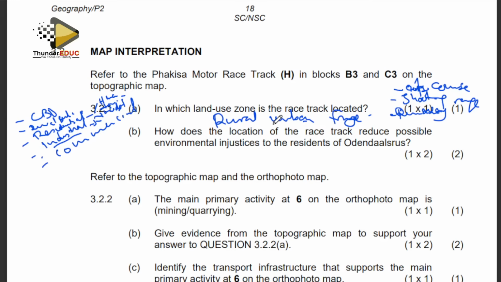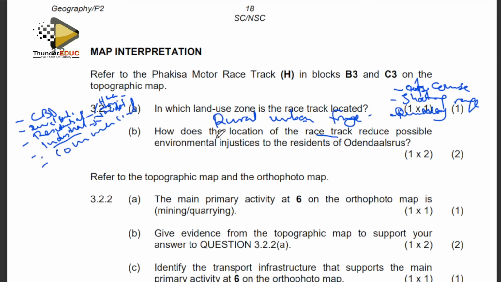How does the location of the racetrack reduce the possibility of environmental injustice for the residents of this area? We're looking at the racetrack, how could it be reducing the environmental injustices?